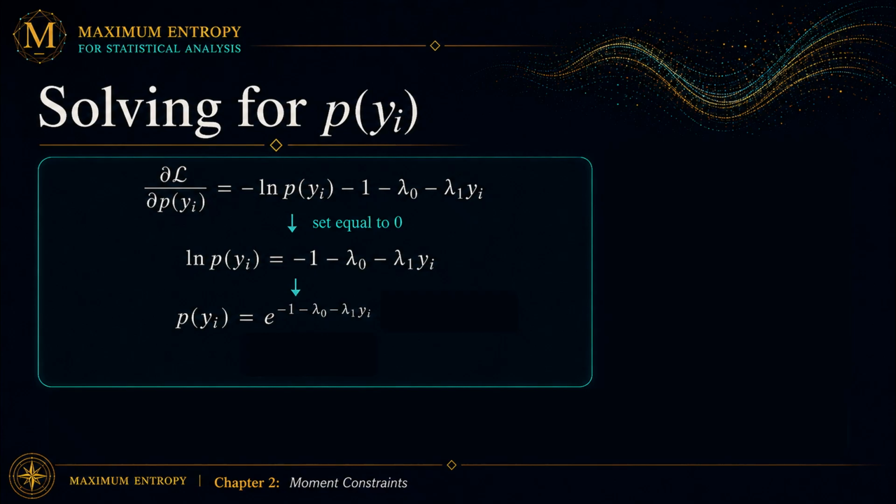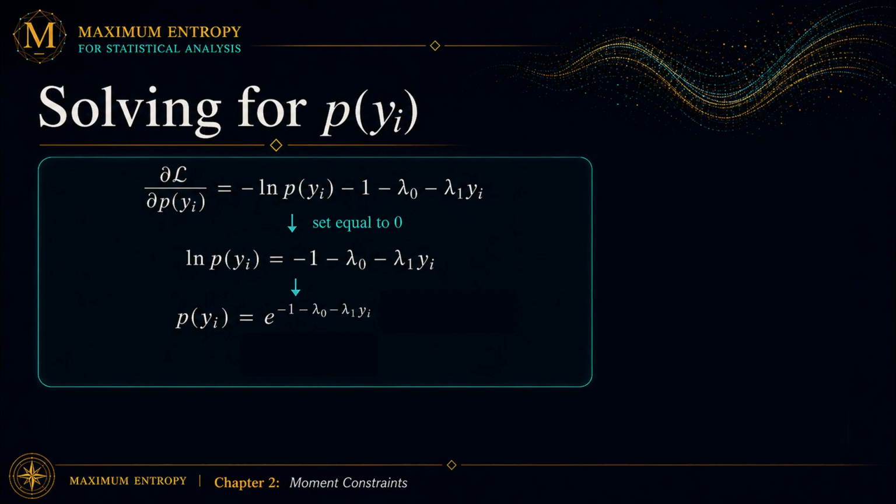So when we go to solve for p of y, hopefully you remember this from the previous video where we had the very simple case, we take the derivative of the Lagrangian with respect to each p of yi, and we get the expression that you see right there. That is identical to what we saw in the last video, except now we have an additional negative lambda 1 yi. We set that to 0, we solve for p of yi, and we get that expression at the bottom of that box there.